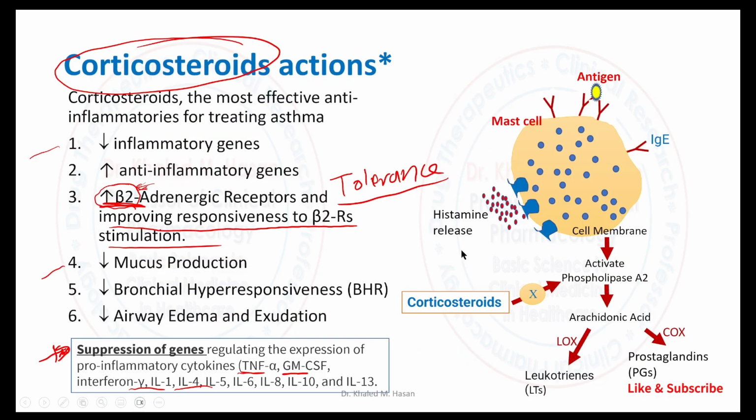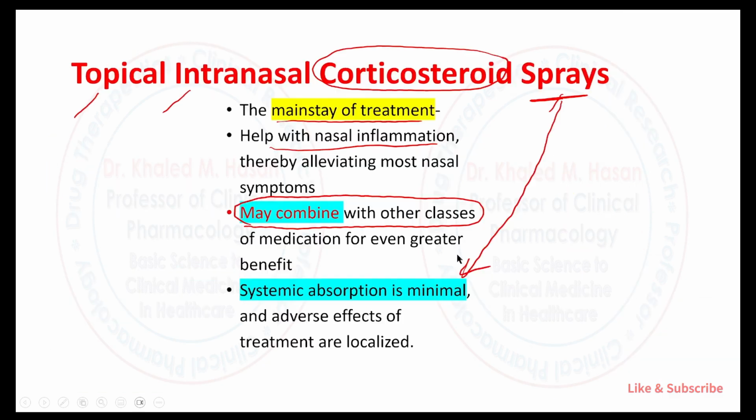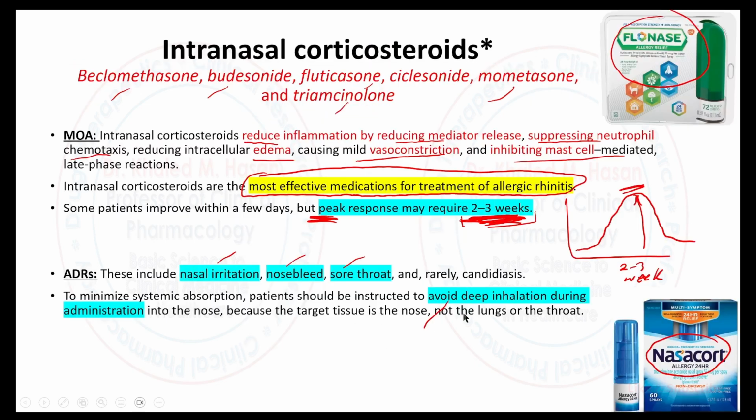So we're done with the cortisone. Quick review for the corticosteroids. As you can see, corticosteroid is the mainstay for allergic rhinitis. We can combine it with other medications such as decongestant or antihistamine. When you use it as a nasal spray, the systemic effect and side effects will be minimal.